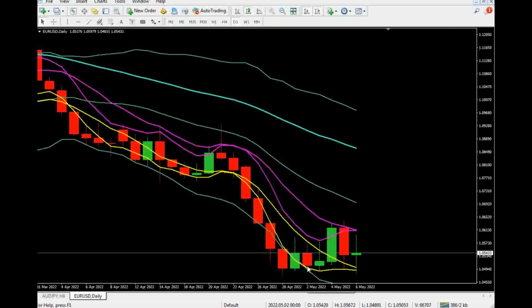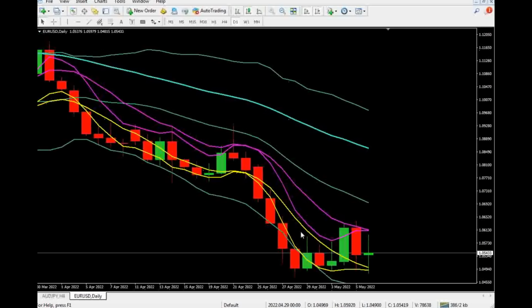Is this an extreme? I think yes, because this candle is closing out of the lower Bollinger Band. This is also, and this candle is a rejection. It is a good rejection because it is closing inside the Bollinger Band. The moving average is out of the lower Bollinger Band.